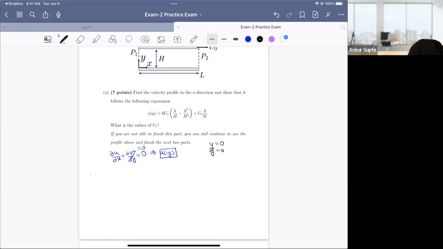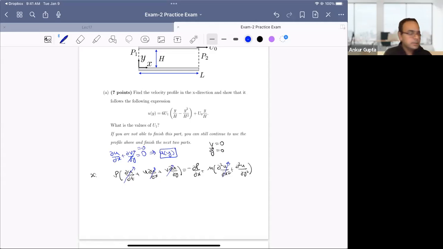And from the x momentum equation, this is something we've done many times before, but let's keep doing: del u by del t plus u del u by del x plus v del u by del y is equal to minus del p by del x plus mu times del square u by del x square plus del square u by del y square. This is steady, del u by del x is 0, v is 0.